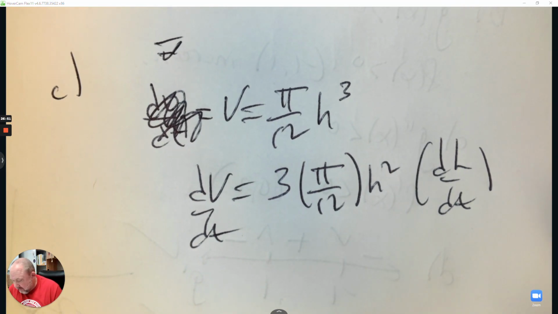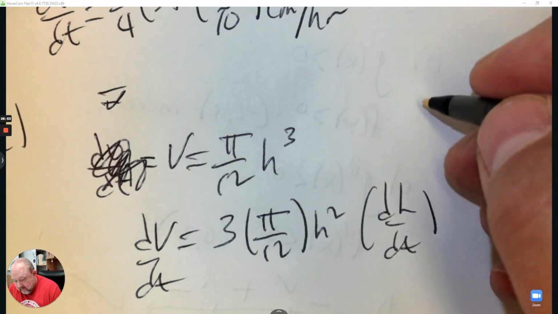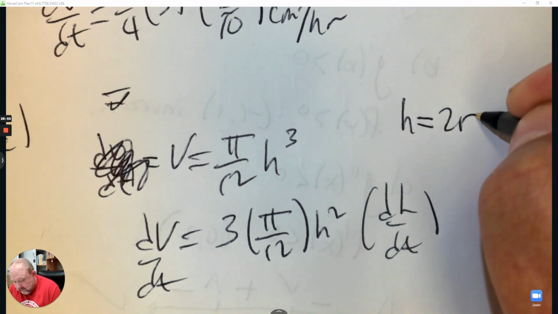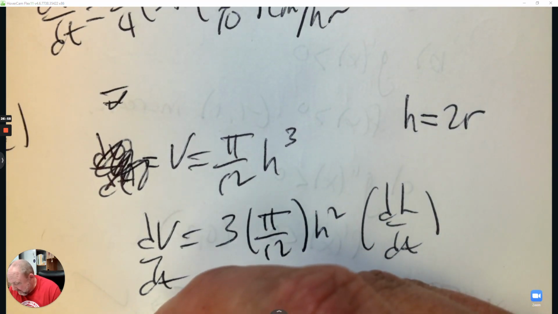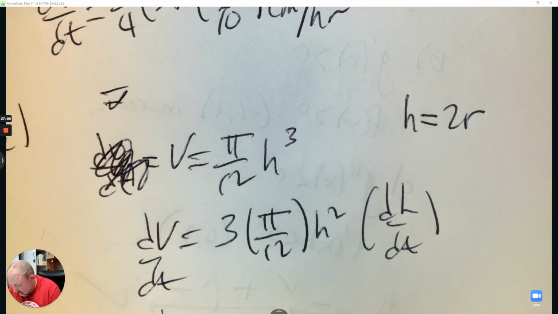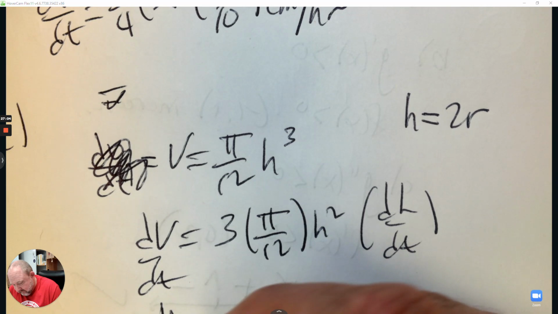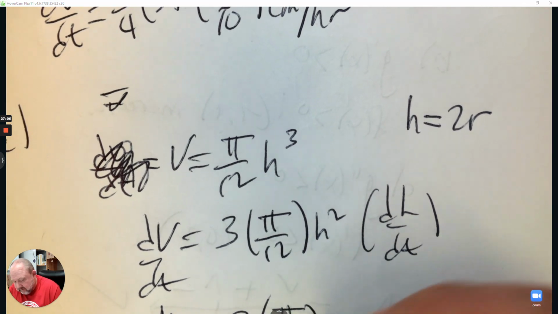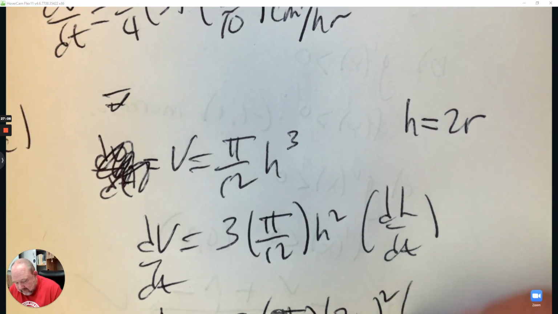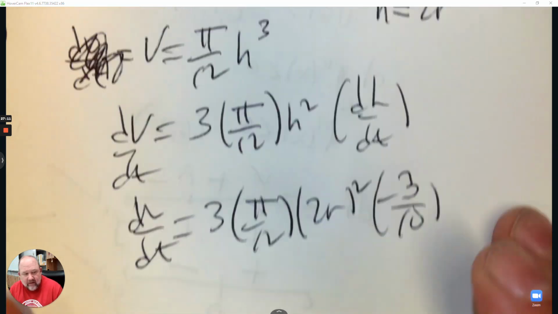Now we're going to flip it around in terms of the radius. So the height is twice whatever the radius is, and we're going to plug that in. So we got pi over 12. The height is twice the radius, and then dH by dt is negative 3 over 10.